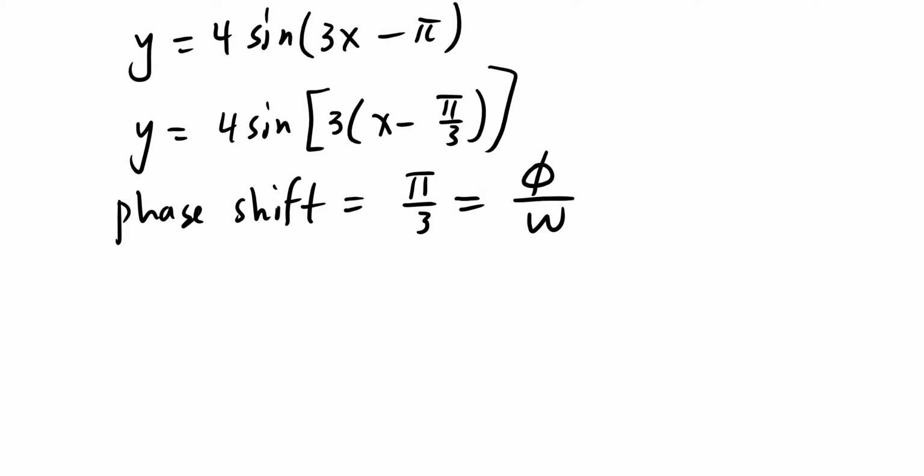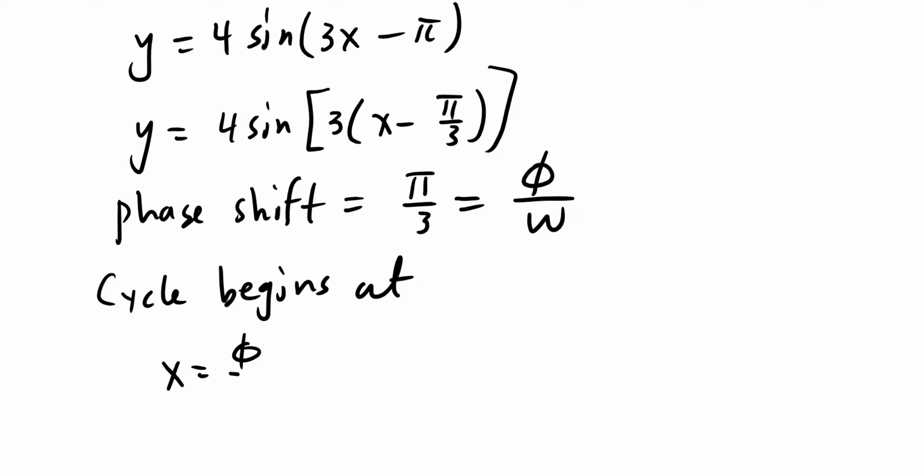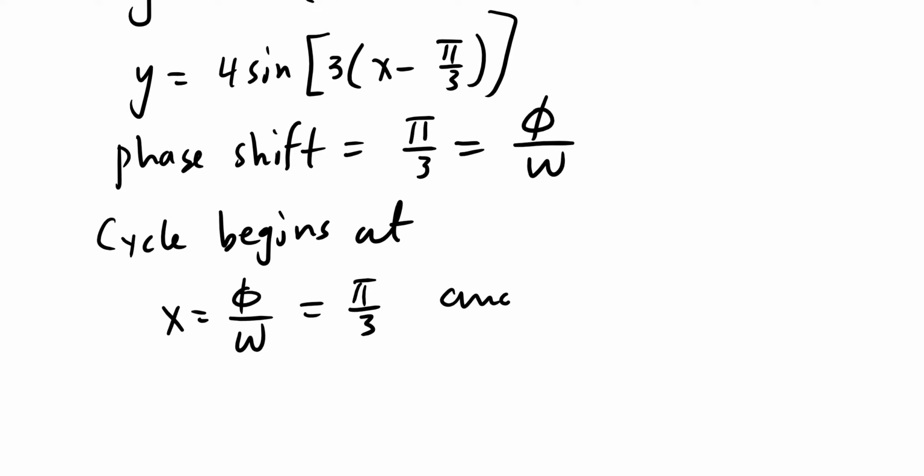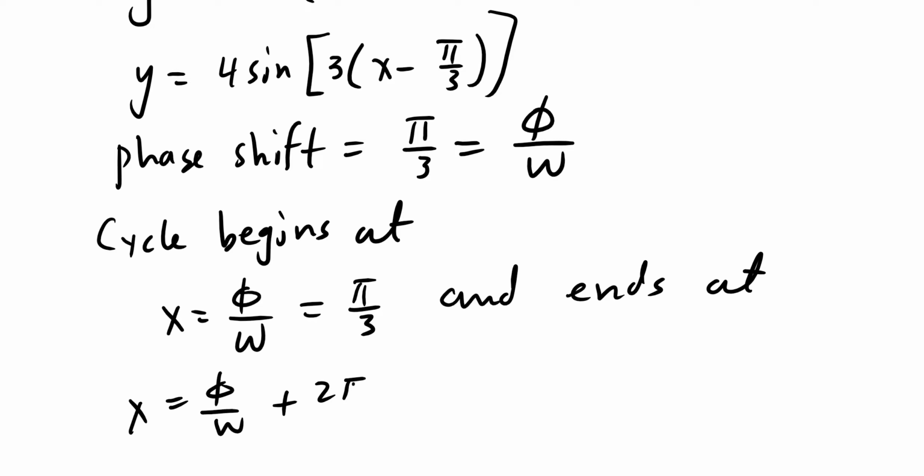The period, or the cycle, if you remember from the lecture above, always starts at phi over omega, and I showed you why. What is phi over omega here? It's pi over 3. So it starts there and ends at x equals phi over omega plus 2 pi over omega. Phi over omega is pi over 3 plus 2 pi over omega. What's omega?